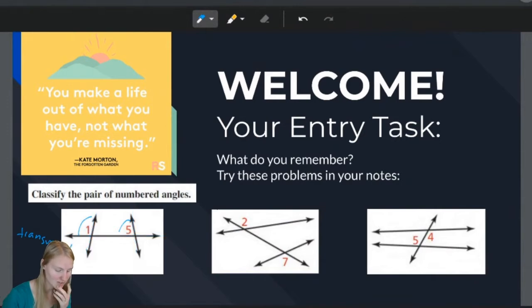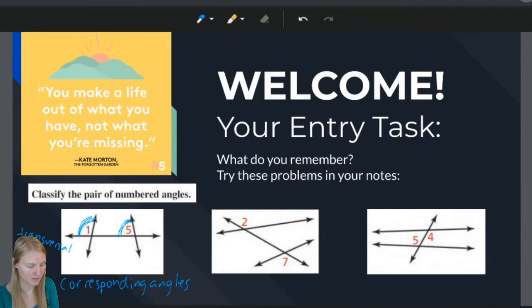And when I have lines that are cut by a transversal, angles that are in corresponding positions, or the same position, top left, we call them corresponding angles. So angle 1 and angle 5 are corresponding angles.